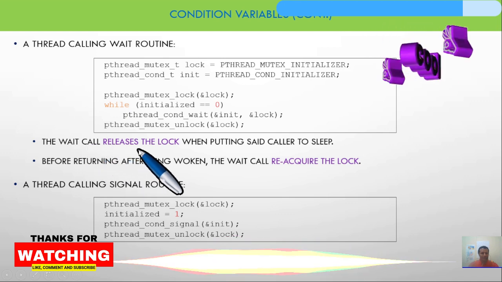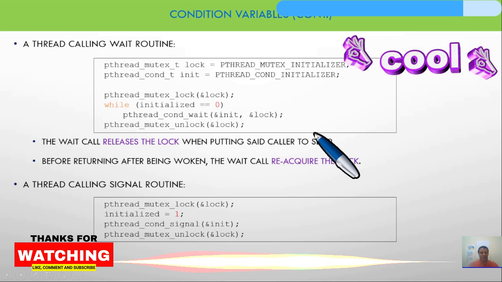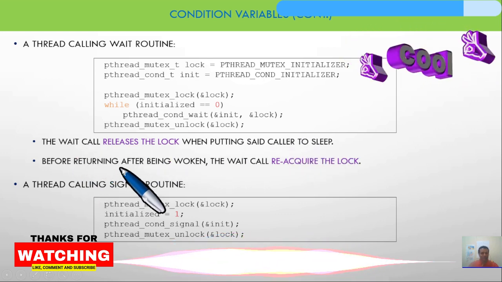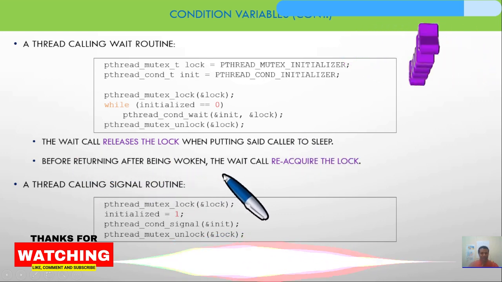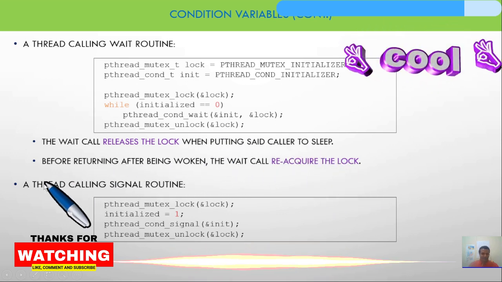The wait call releases the lock when putting the caller to sleep. Before returning after being woken, the wait call reacquires the lock.